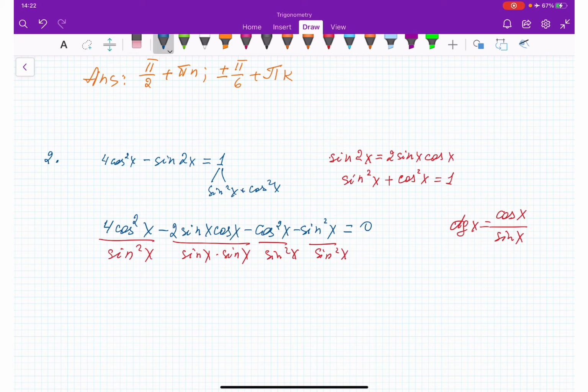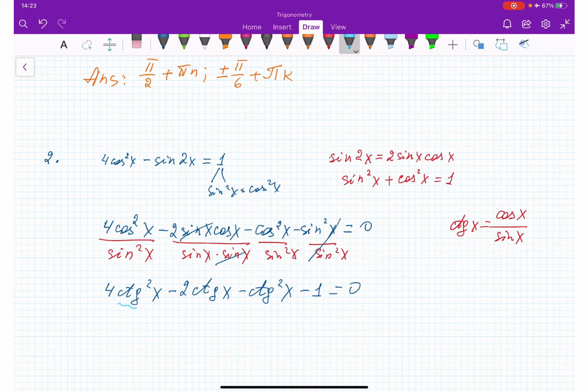And this is what we get for cotangent square x, minus 2 cotangent x, minus cotangent square x and minus 1 equals 0.